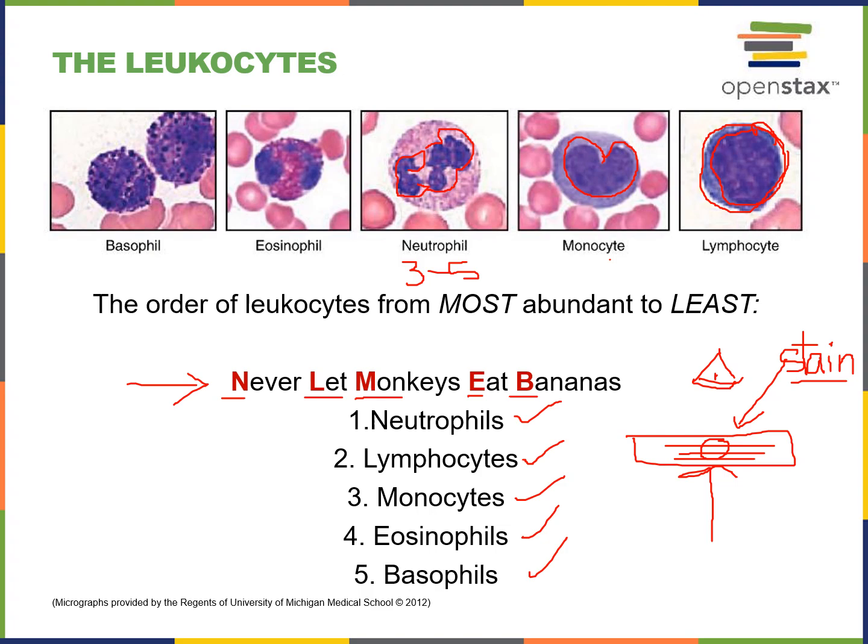The other interesting thing about these two is that they get labeled as agranulocytes. Why? Because if you look at the basophils, all the phils, basophil, eosinophil, and neutrophil, their cytoplasm has what looks like little dots in here. These are little sacs of granules, vesicles of granules.